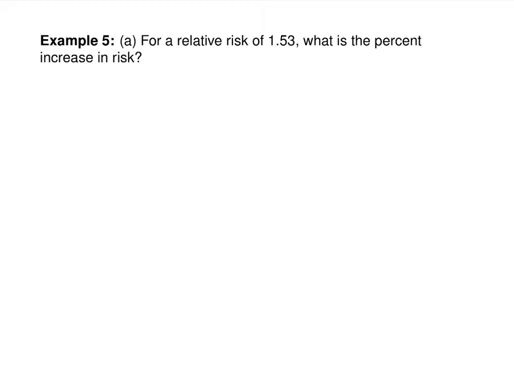So the next question is a little bit backwards. It's a little bit algebra-y. For a relative risk of 1.53, this one isn't so algebra-y, what is the percent increase? This one's quite straightforward, actually. Your percent increase was relative risk minus 1 times 100%.